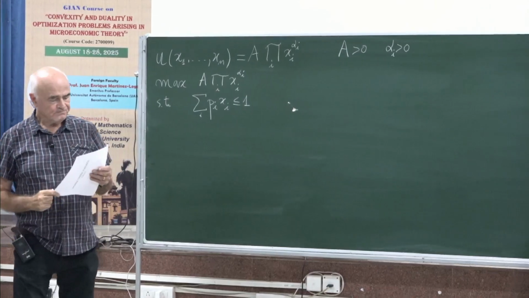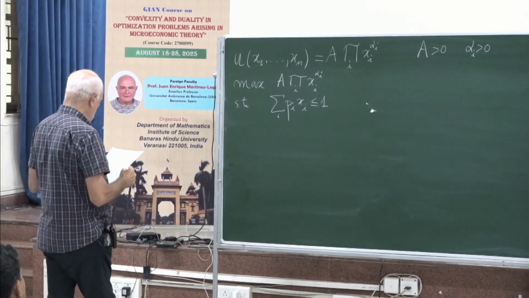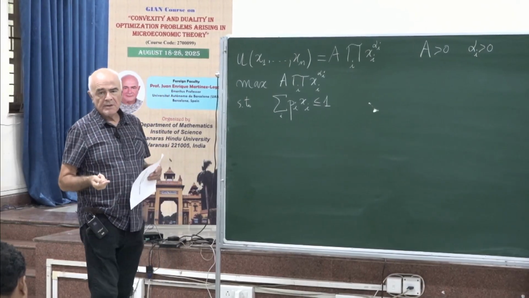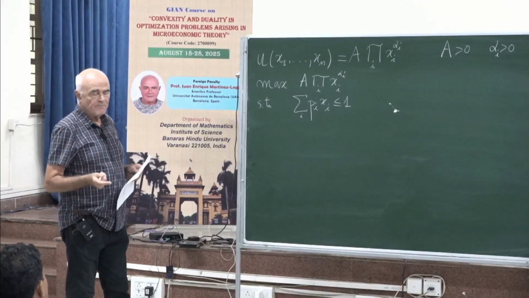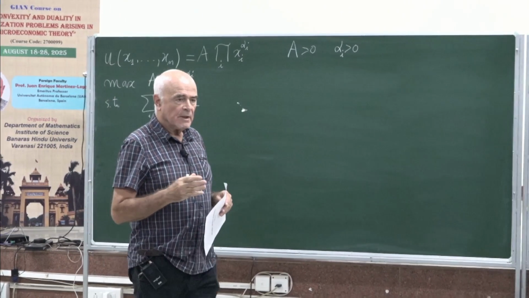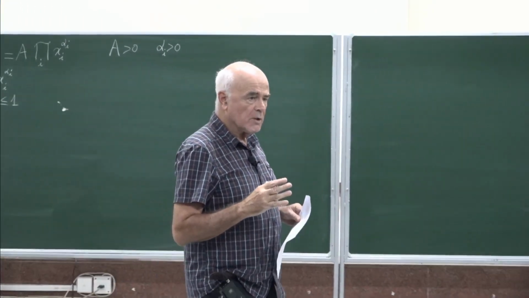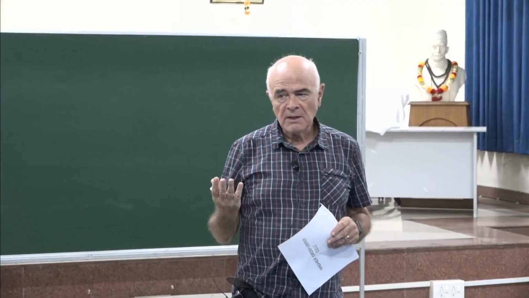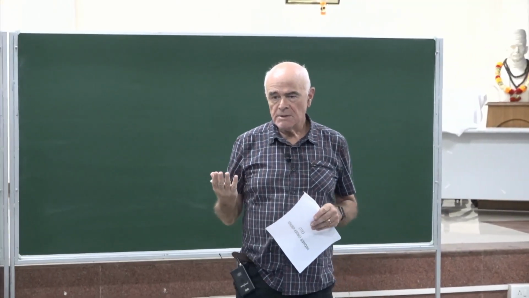Okay. Then we first consider a trivial case. Now we have to distinguish because in producer theory, prices were always strictly positive. Now they are allowed to be zero, some prices.